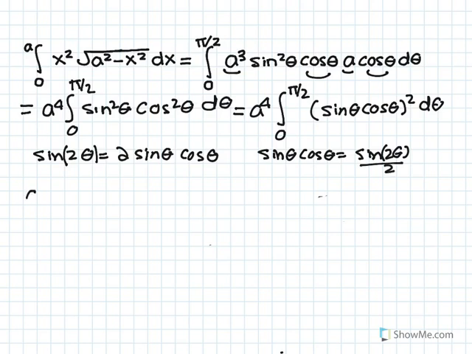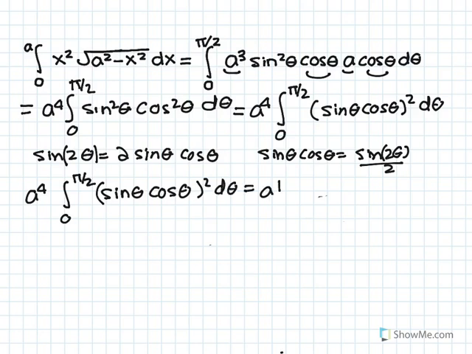So what we have is a to the fourth, integral from 0 to pi over 2, sine theta cos theta, all squared d theta. That's a to the fourth, integral from 0 to pi over 2, sine 2 theta all over 2, all squared d theta.